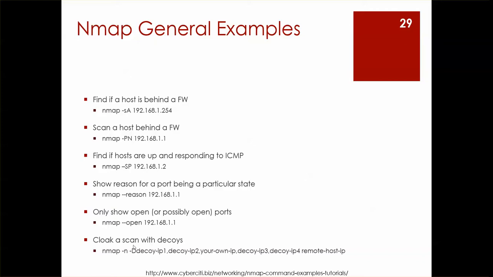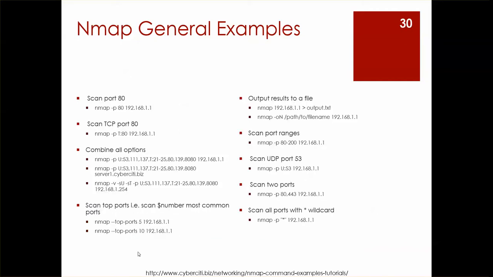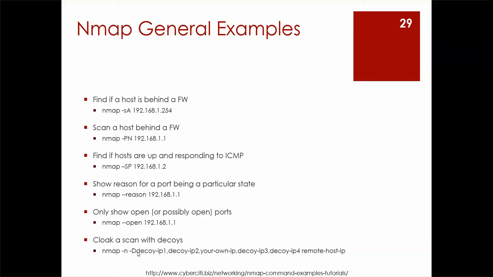So what we're doing here is using Nmap -D, and then the IP address of our decoys, and then a comma, the second IP address, comma, your own IP address, and then comma another decoy. Basically, we're listing our IP address amongst decoys, and then we're specifying the target IP address.